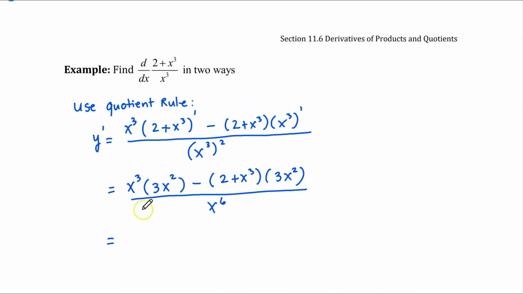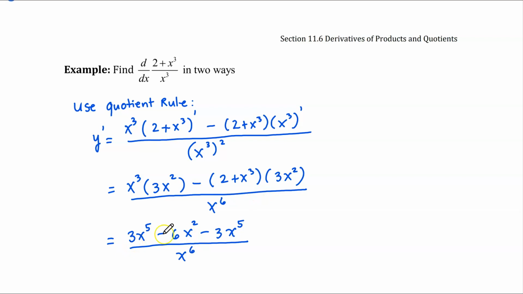Now, when simplifying this, you have 3x to the 5th minus, and then you distribute this to each term inside the parentheses. So minus 6x squared minus 3x to the 5th divided by x to the 6.